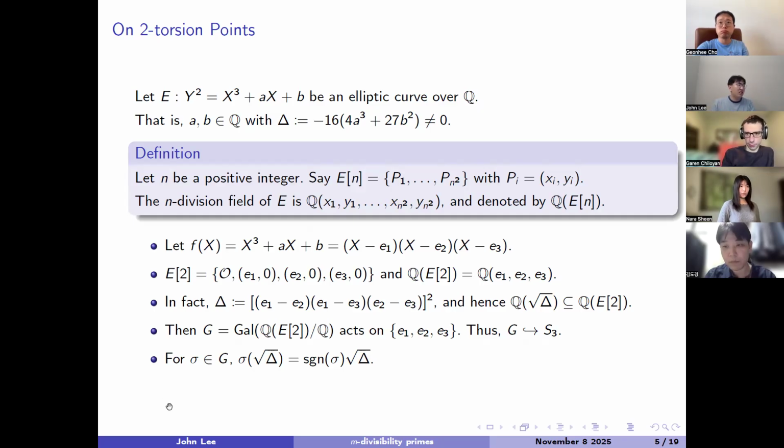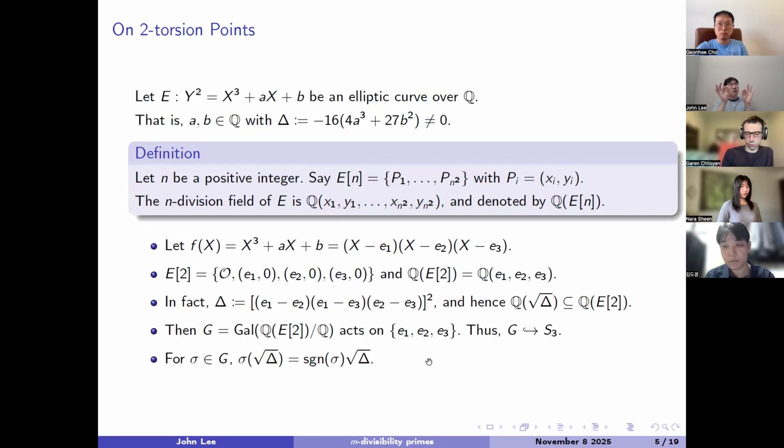And one last thing is, let sigma be a Galois automorphism, then we can consider sigma on the square root of delta. That equals the sign of sigma, viewing sigma as a permutation, because we can view G as a subgroup of S3. Every Galois automorphism can now be understood as a permutation on e1, e2, and e3.